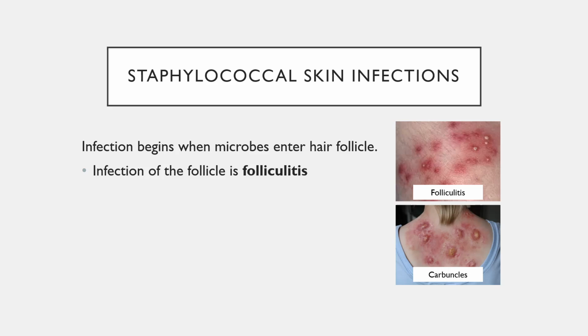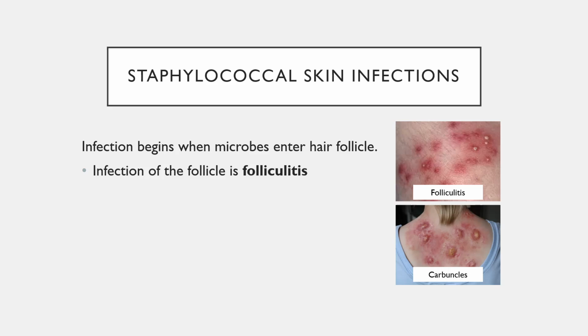But the people who are at most risk of acquiring these initial stages of infection include people who play contact sports, people who share athletic equipment, people who live in community settings, or people who have weakened immune systems. So the best way to prevent folliculitis from arising is essentially to practice good hygiene if you are in one of these risk groups and prevent the skin from being irritated.